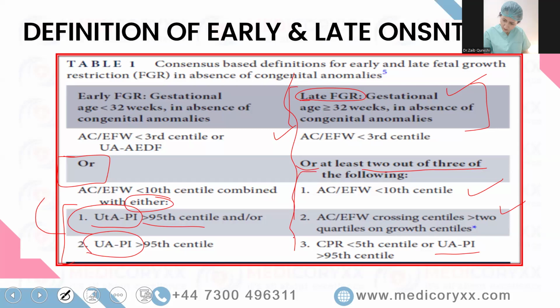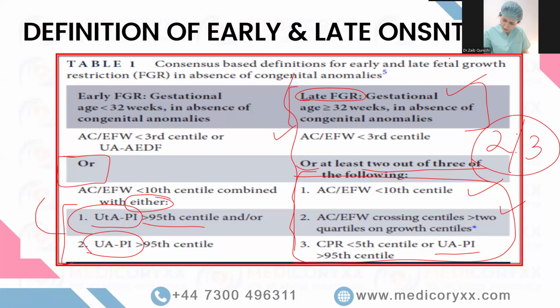All these parameters are Doppler parameters. So 2 out of 3 should be present to label this woman as late FGR. Clear, everyone?